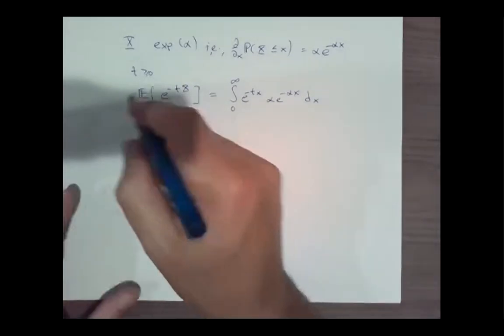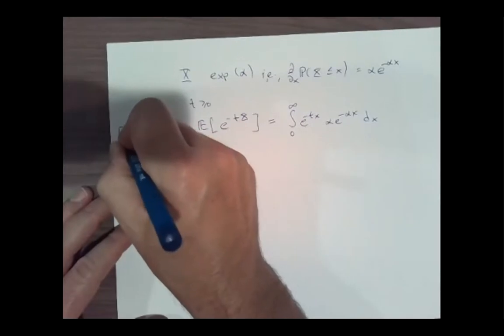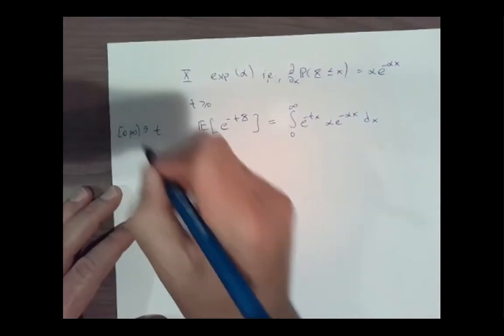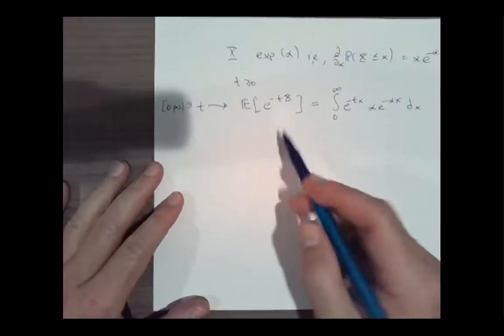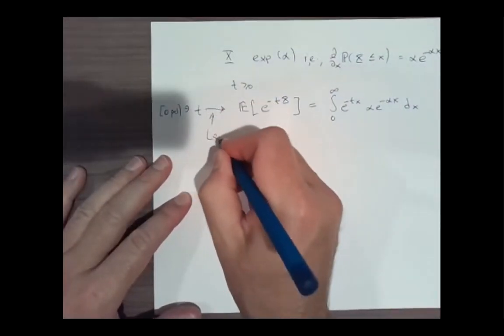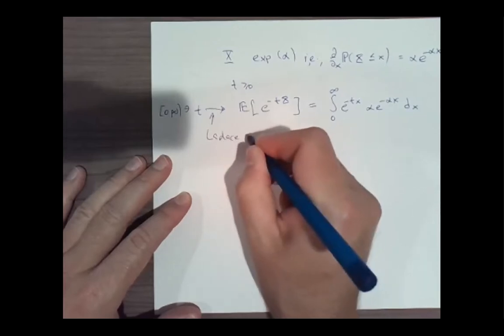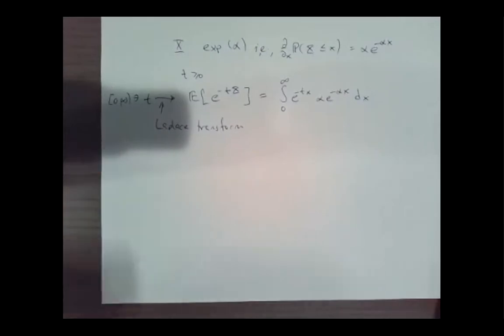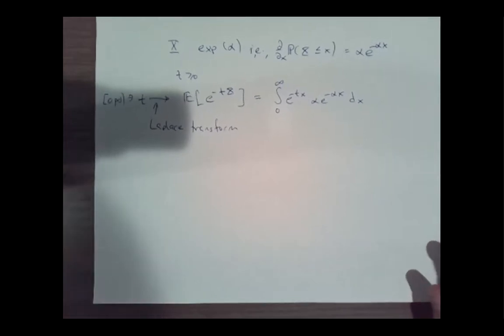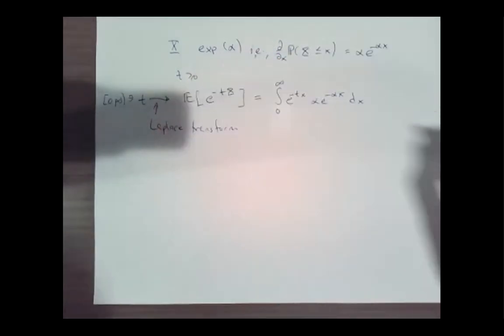When you have a t between 0 and infinity, this map of t into this expectation is called a Laplace transform.